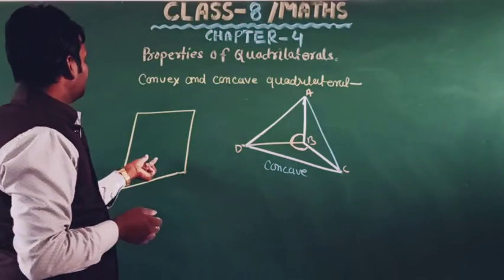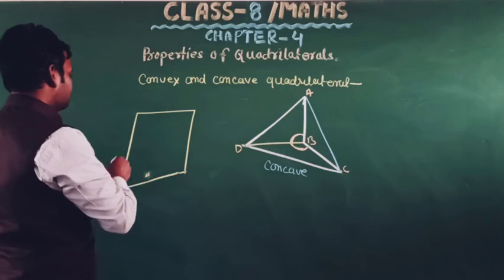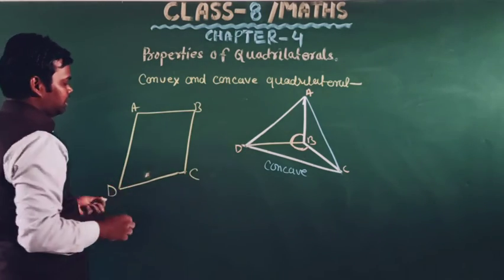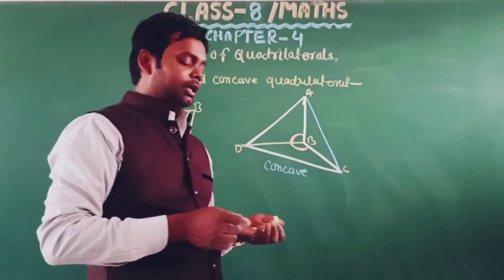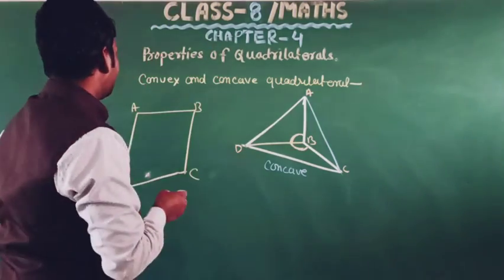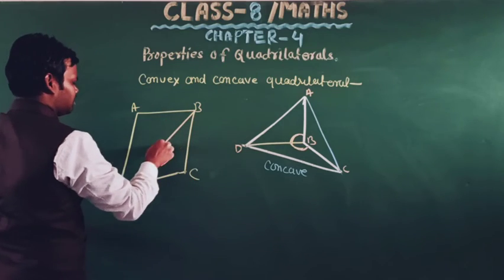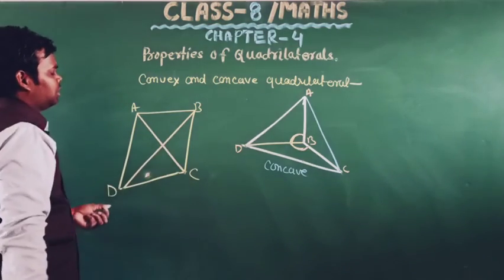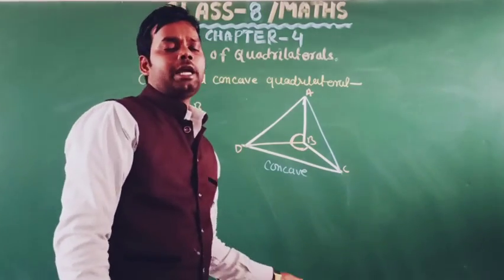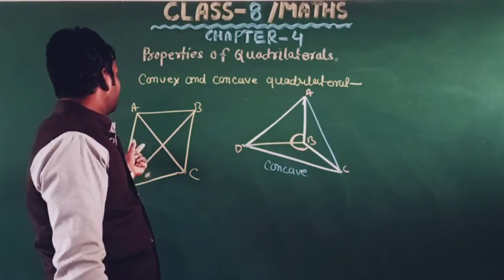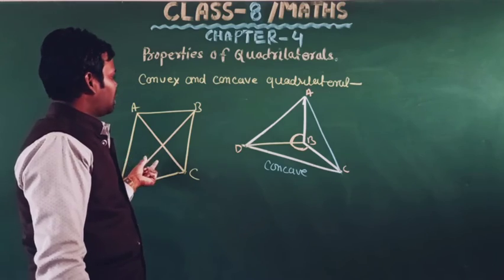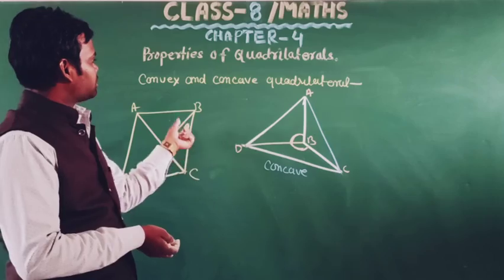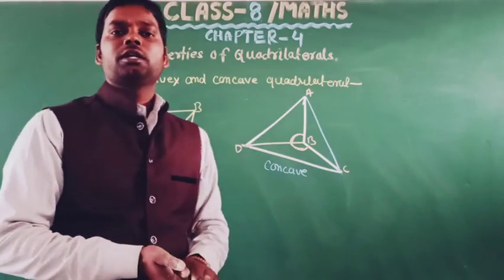So here each angle of this quadrilateral ABCD is not more than 180 degrees. In other words, if the diagonals drawn lie inside it, we also say it is convex. So these are examples of convex and concave quadrilaterals.